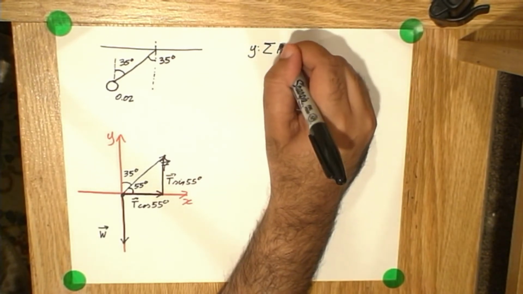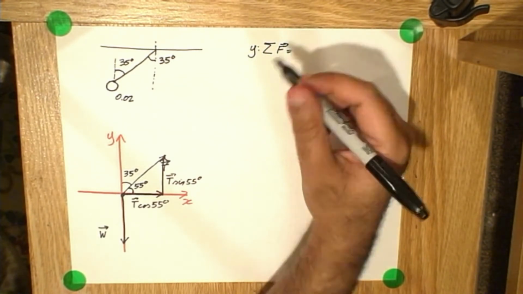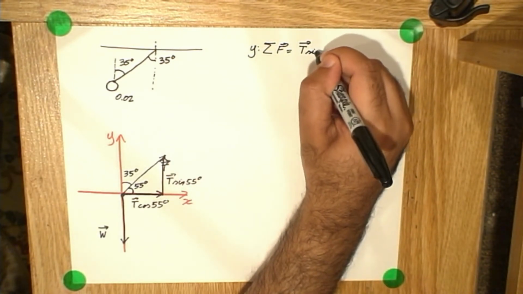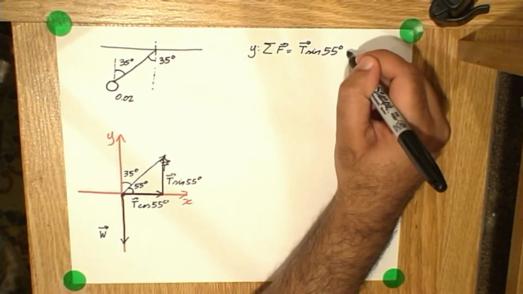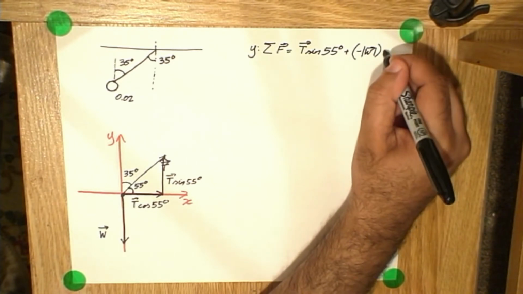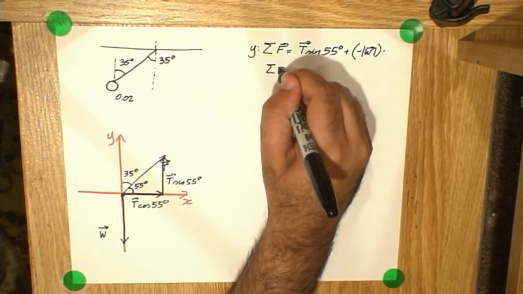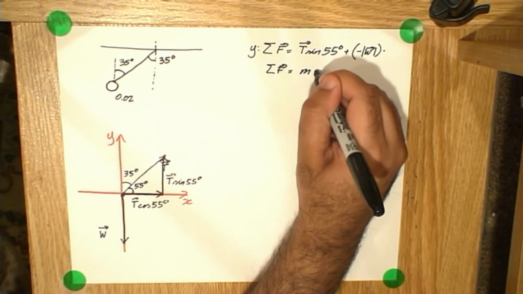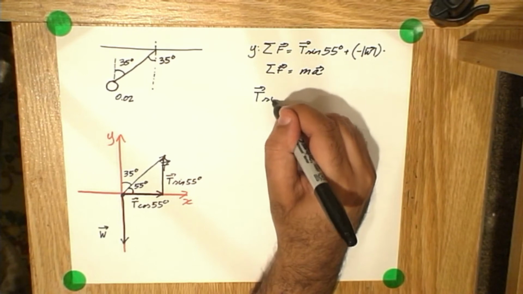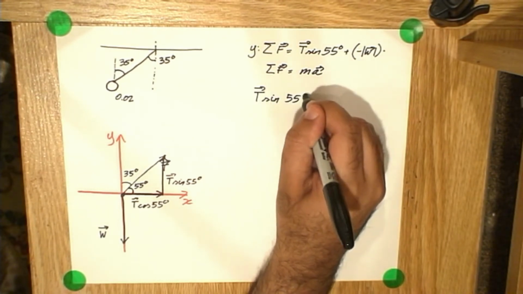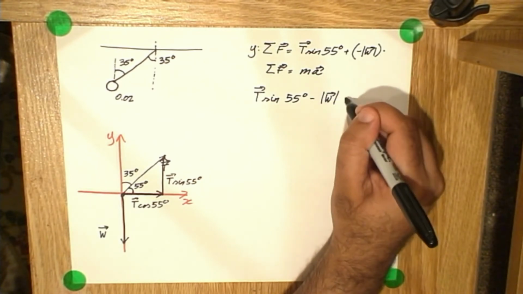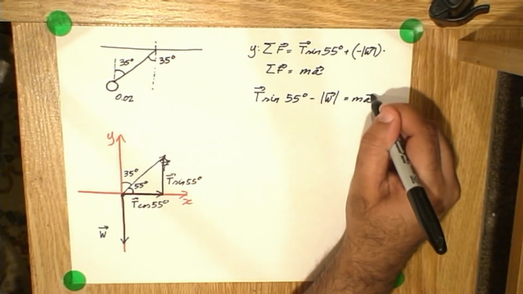In y, the total force is given by T sine 55 pointed up plus the negative weight force. But total force is also equal to mass times acceleration. So we can say that T sine 55 minus the weight force is equal to mass times acceleration.